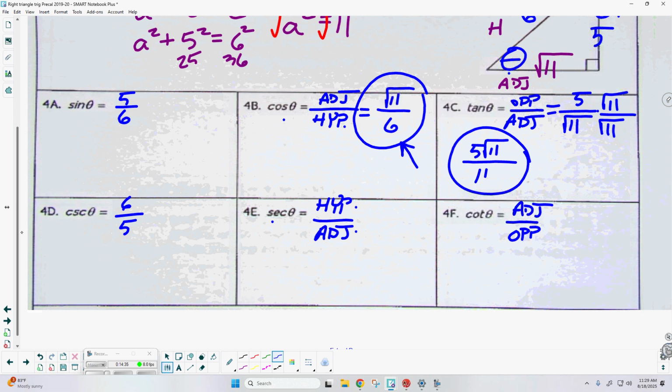So your final answer was 5 root 11 over 11. And then you would just rationalize that again. And you'll rationalize that one as well.